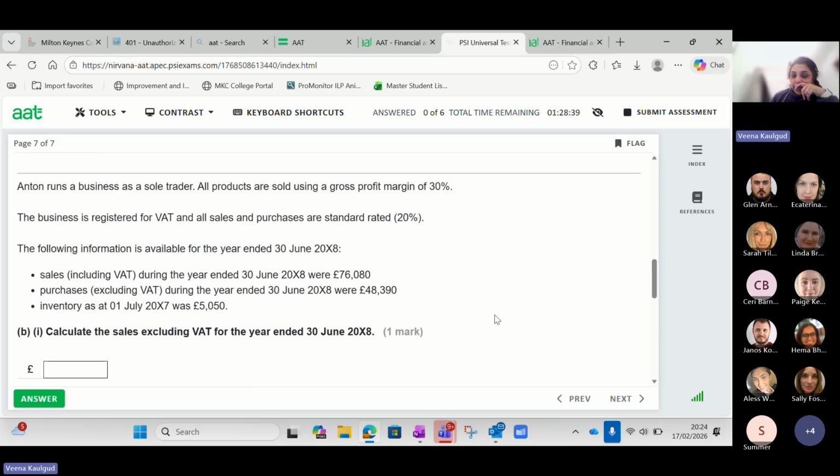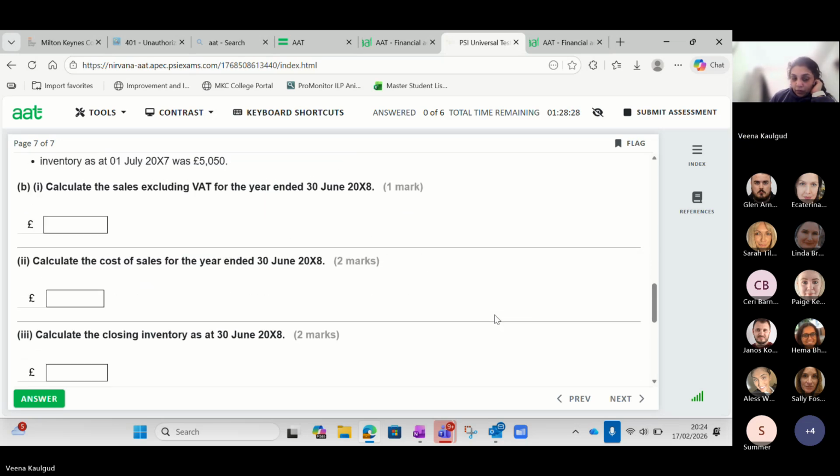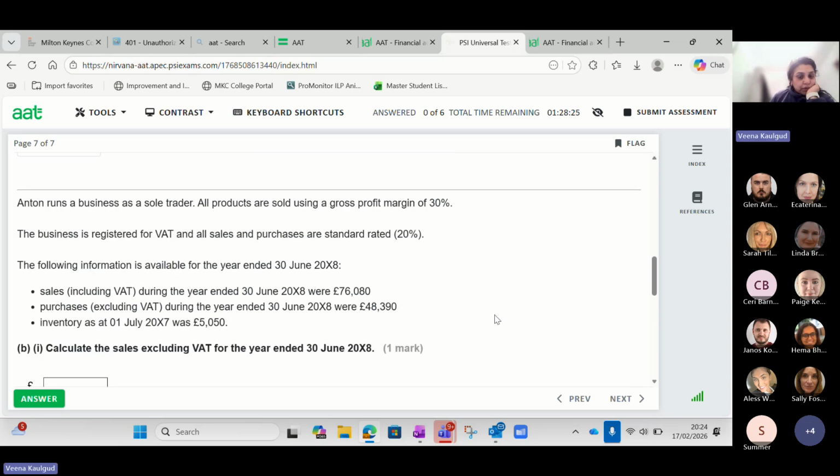So if it is 30%, opening inventory, purchases, minus.